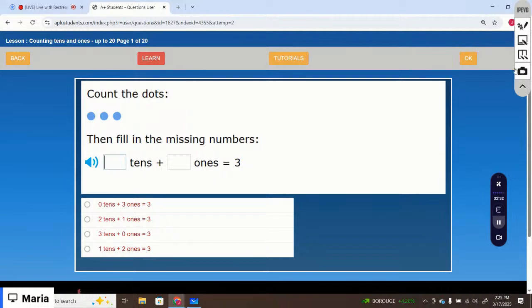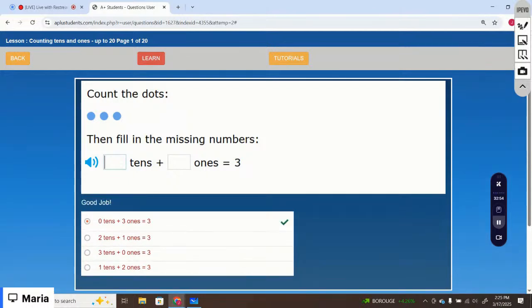We have zero tens and three ones. Option number one is the correct option. Zero tens and three ones.